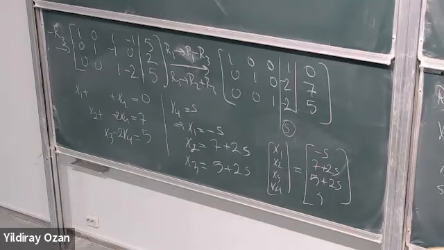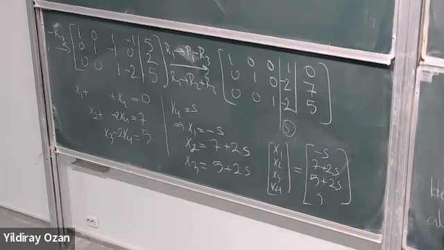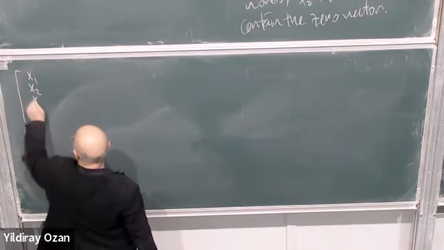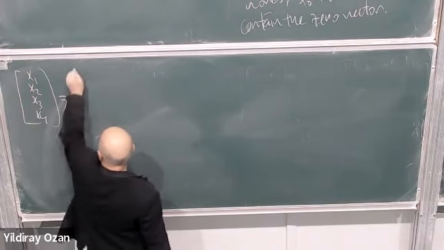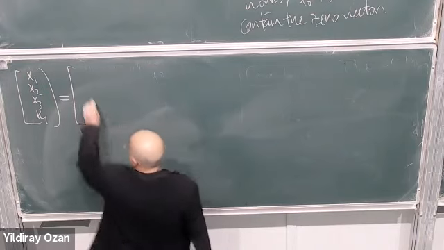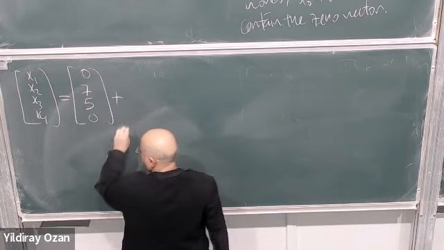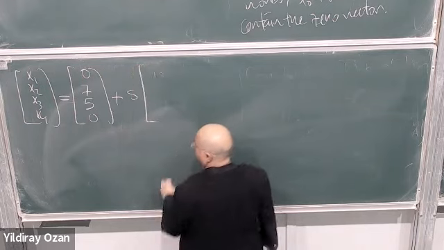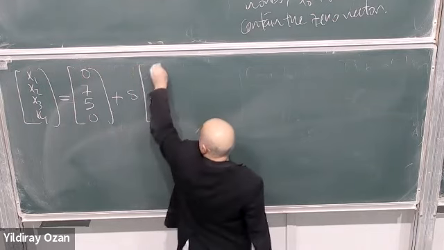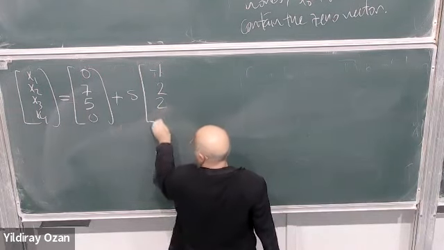And that can be written x1, x2, x3, x4 equals 0, 7, 5, 0 plus s times minus 1, 2, 2, and 1.